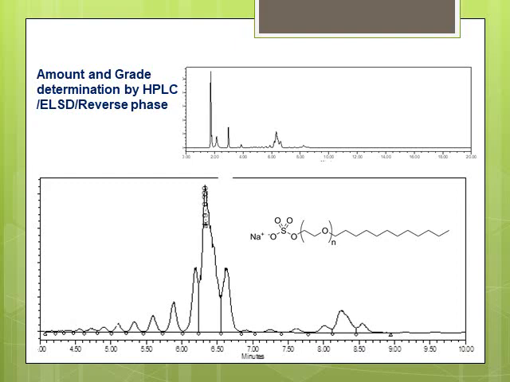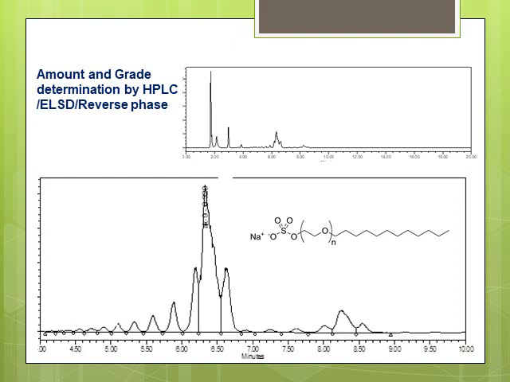The chromatogram was generated using a C18 column, and the mobile phase is water or buffer with organic solvent.